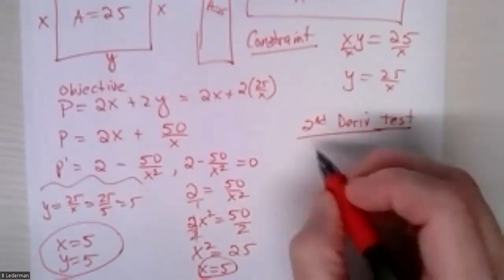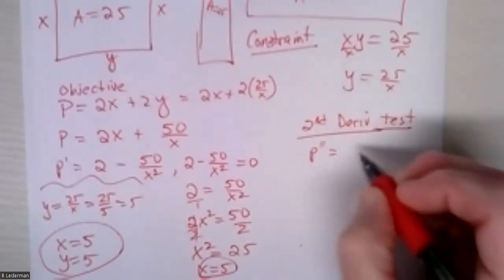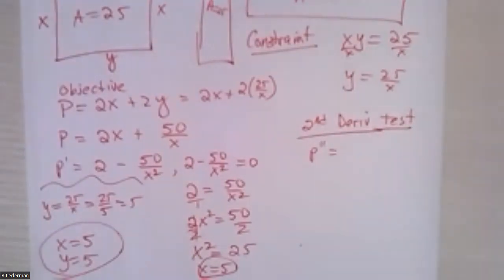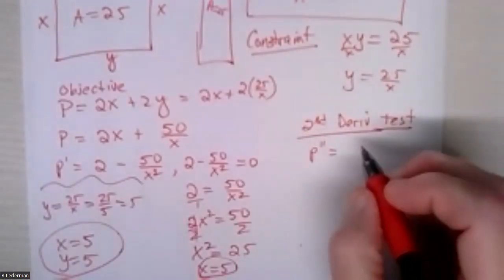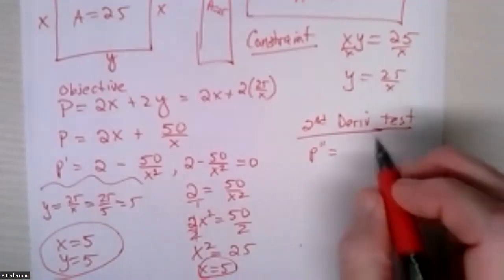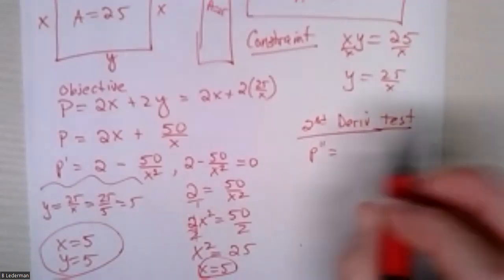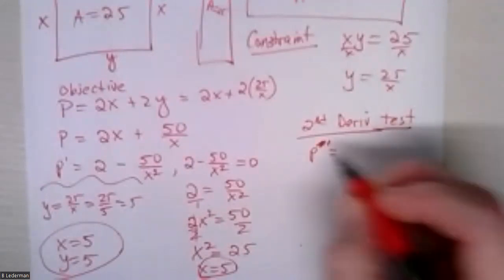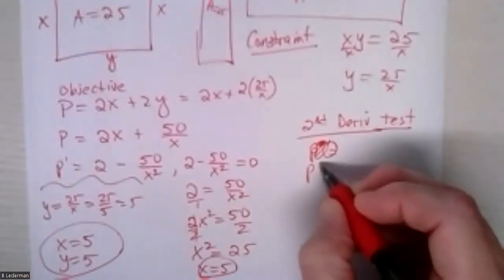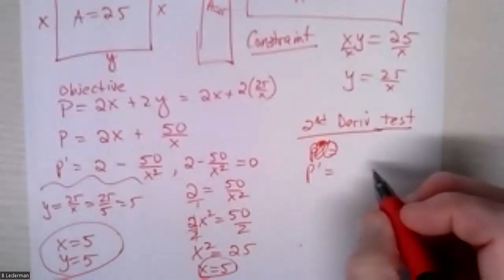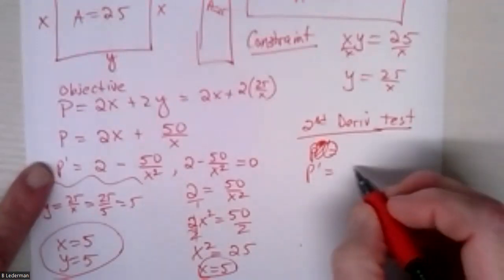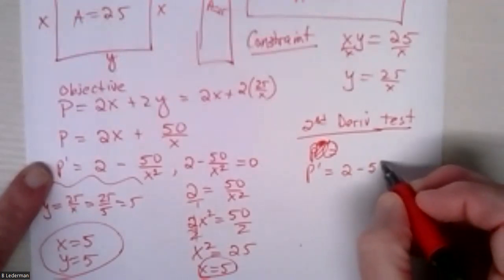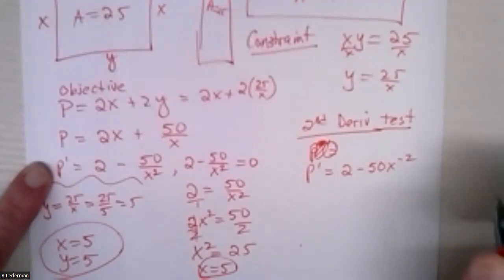We're going to take P double prime. Let's just write this out. Let me rewrite P prime with exponents: 2 minus 50 x to the negative 2.